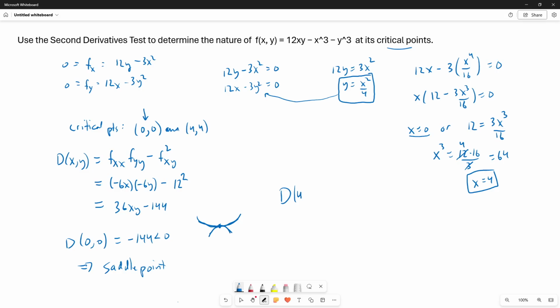And at (4, 4), our discriminant is 36 times 16 minus 144, and that's positive.